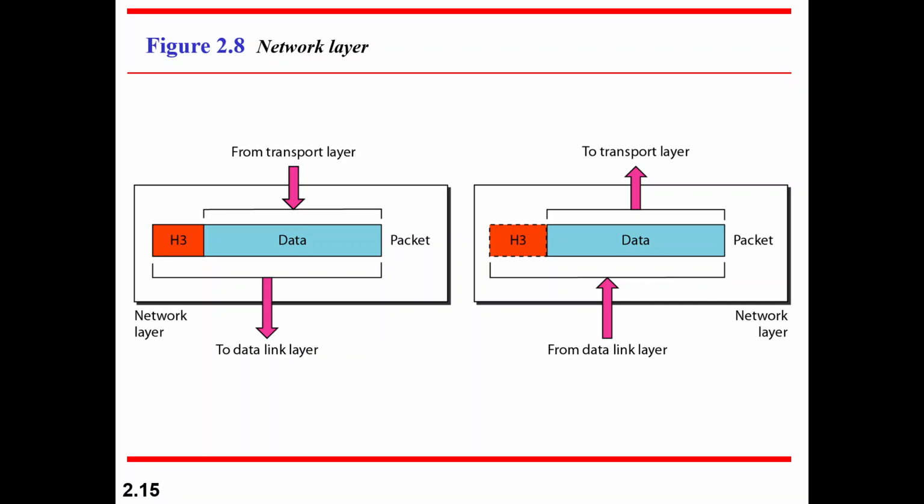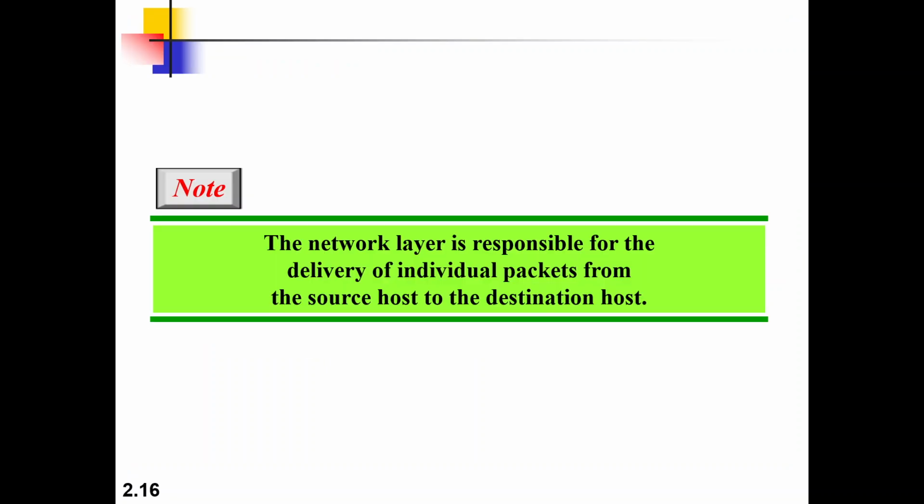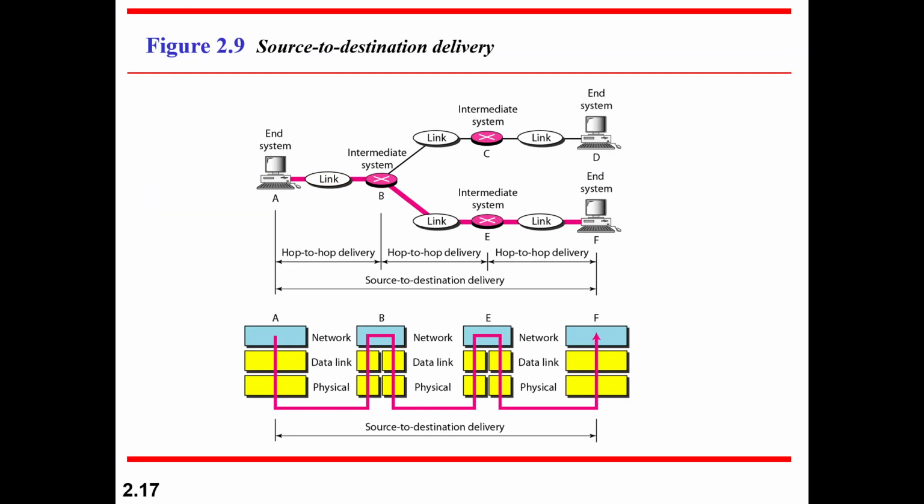The diagram on the screen shows the relationship of the network layer to the data link and transport layers. So, the main responsibility of the network layer is the delivery of individual packets from the source host to the destination host. Other responsibilities of the network layer include the following.